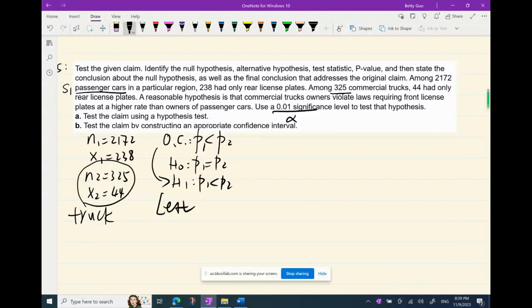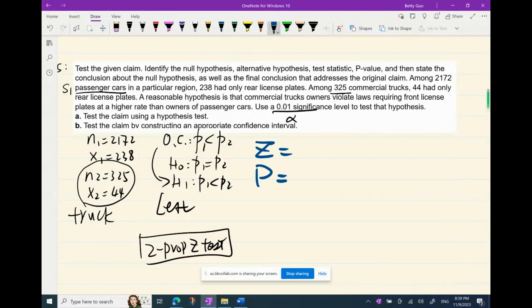Okay, so let's go to the 2-proportion z-test function and tell me what is your test statistic and what is your p-value, okay? Yeah, we don't even have to run it in this case. On the calculator, you should do second mode.